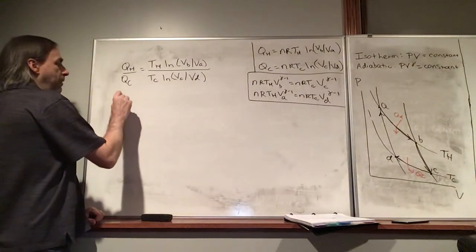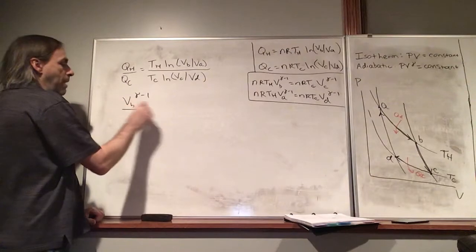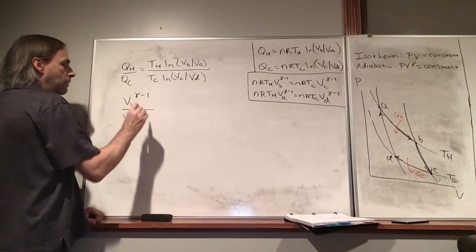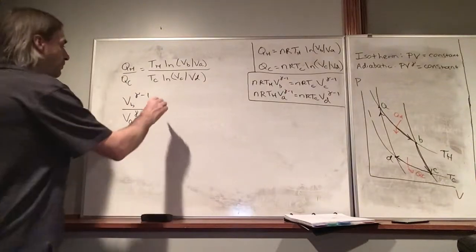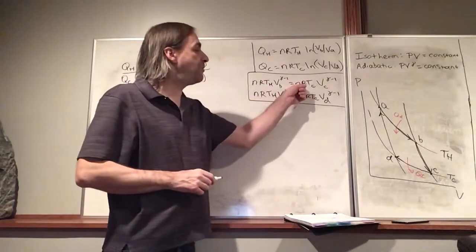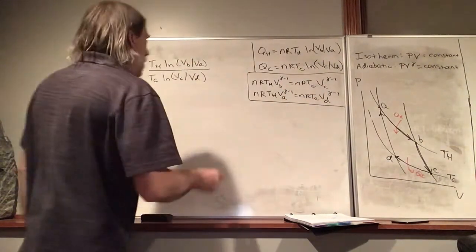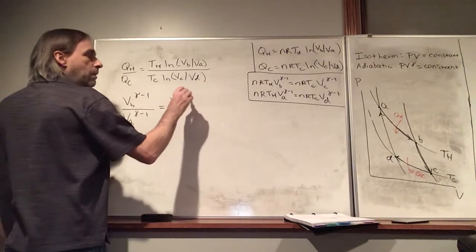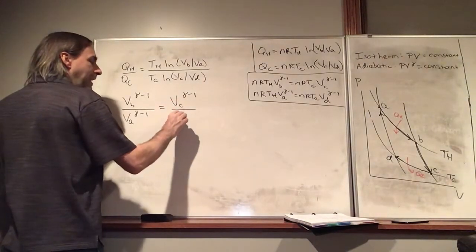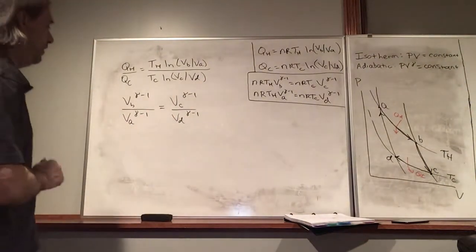So what we have is VB to the gamma minus 1 over VA to the gamma minus 1. And on the right, we divide these by each other. The NRTC cancel out. So we just have VC to the gamma minus 1 over VD to the gamma minus 1.